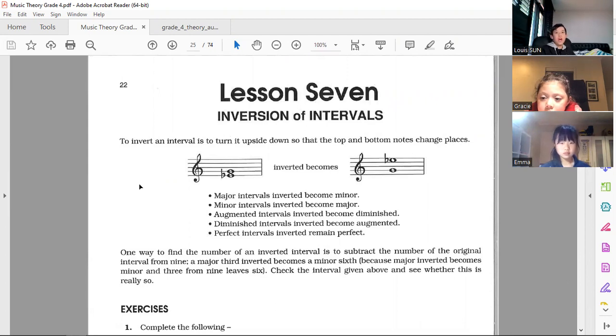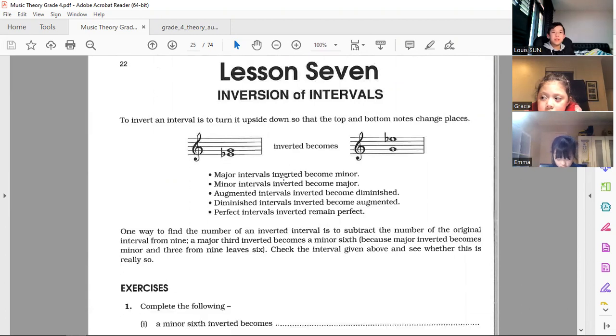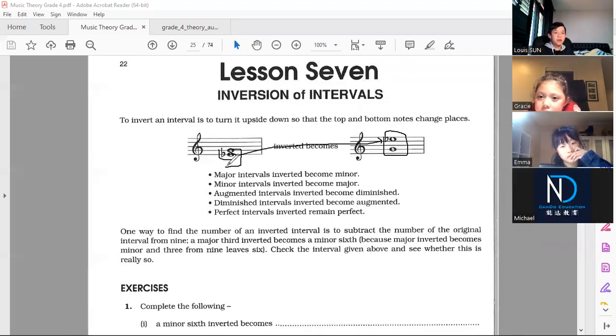And you can do that by moving one of the notes one octave up or down, whichever way fits. This gives a pretty good example. E flat, we take the bottom note, we move it up an octave, and it becomes this. And we could have also done it if we moved the G down an octave. That would have also worked.